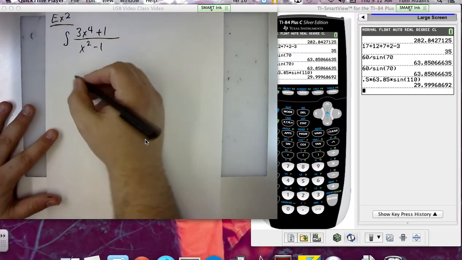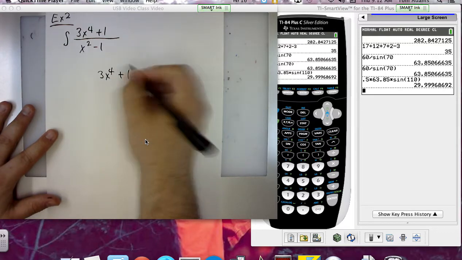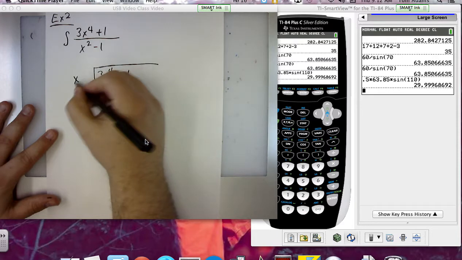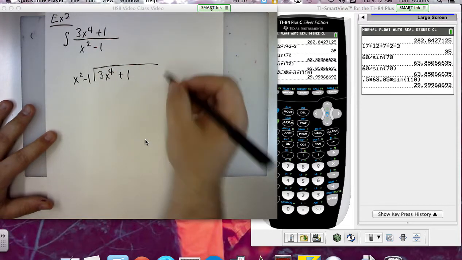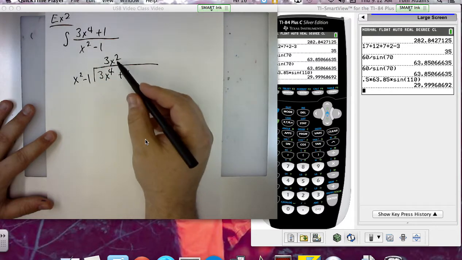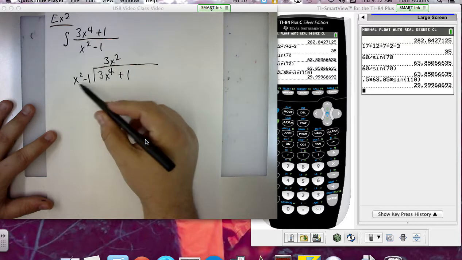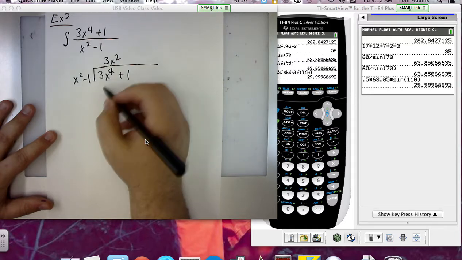Another technique I could do is, remember, this is the same as saying 3x to the 4th plus 1 divided by x squared minus 1. Now, if I do long division, I'm going to multiply by 3x squared, because 3x squared times x squared gives me 3x to the 4th power.